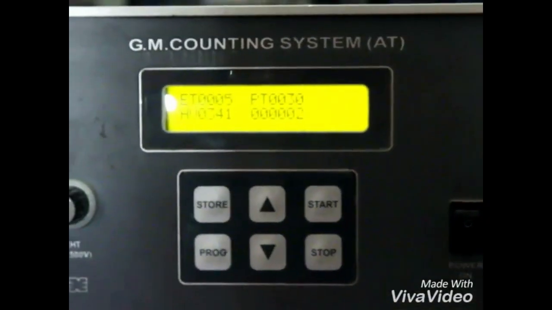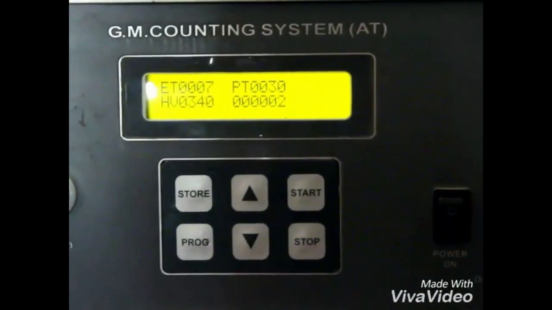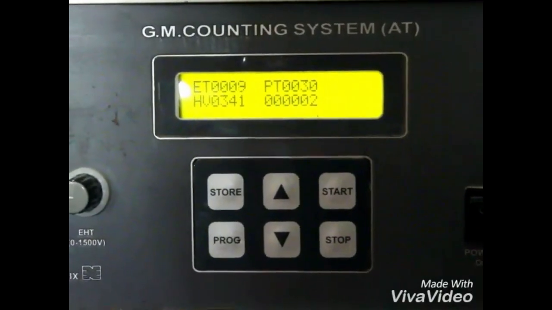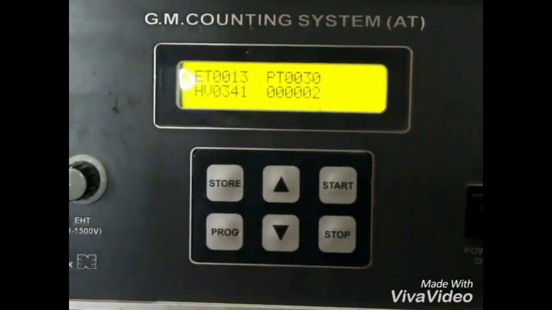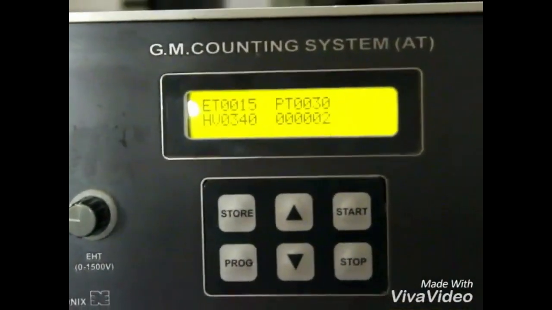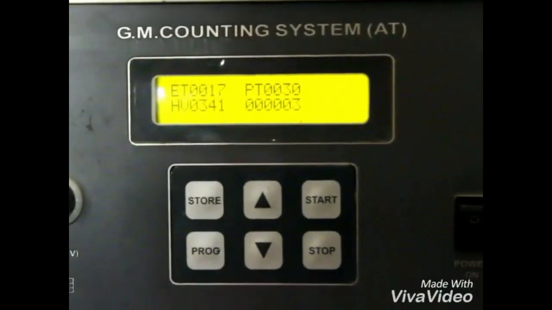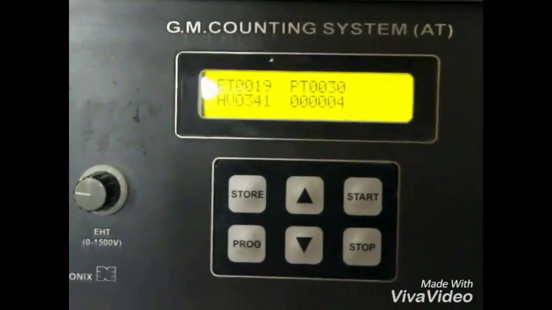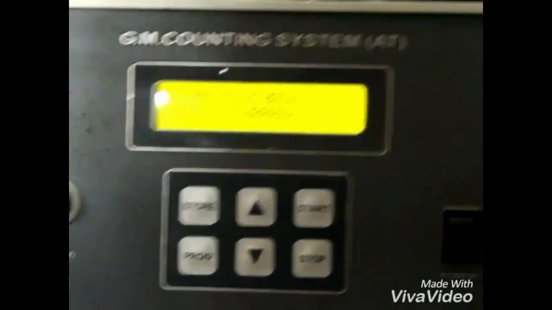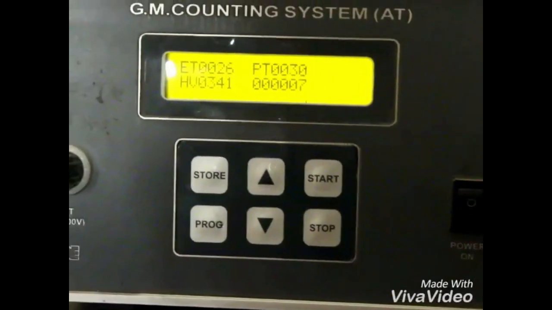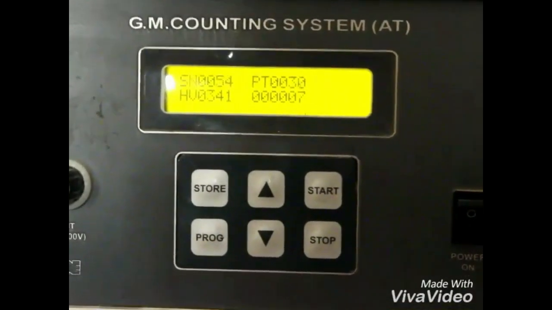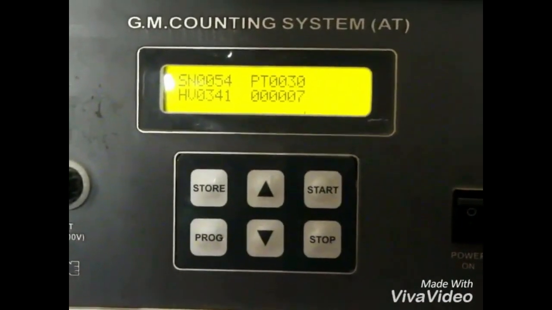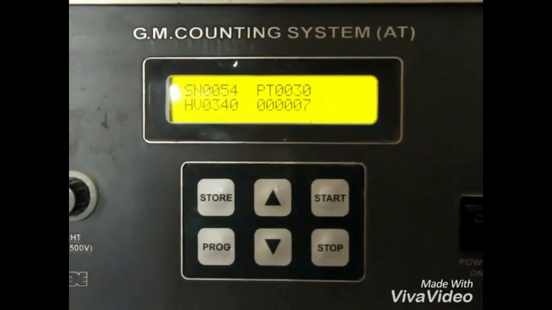Whatever count we get, this count is known as background count. Here we are getting the background count 7.